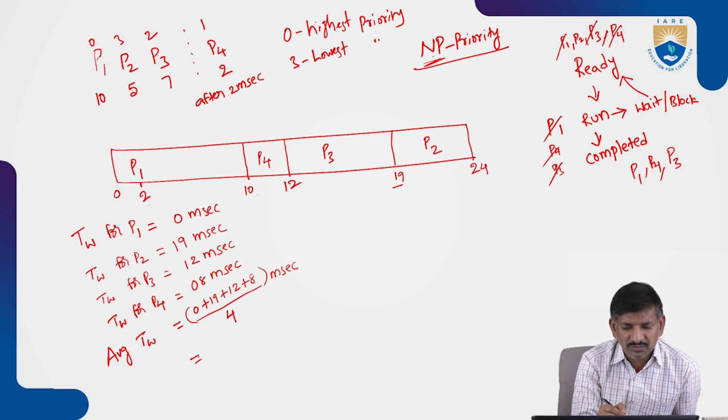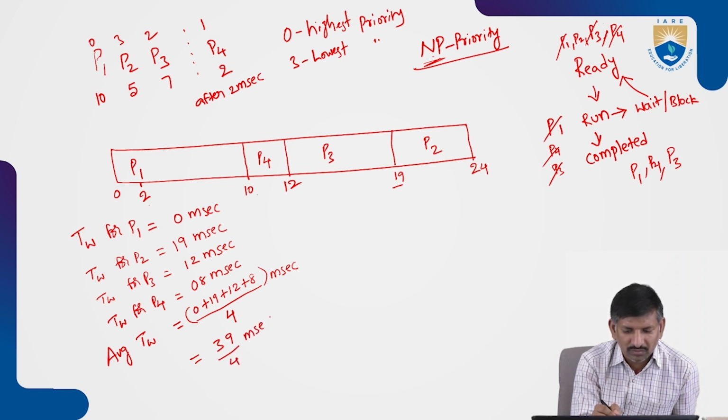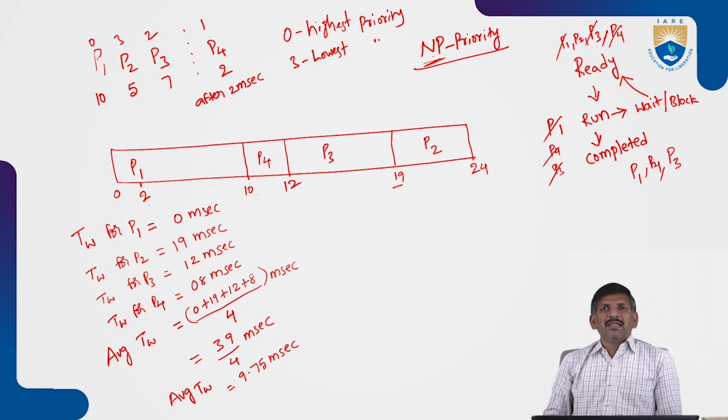That is equal to 9.75 milliseconds. For this requirement, if you are following this non-preemptive priority scheduling, the average waiting time for each process is 9.75 milliseconds.